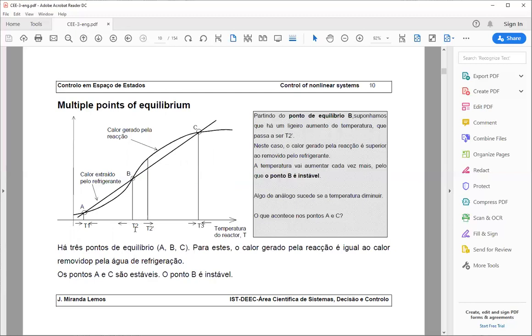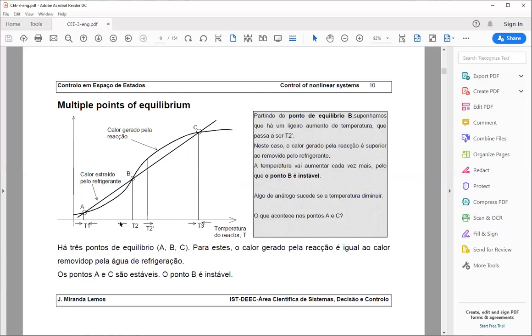And suppose that for some reason the temperature increases to T2 prime. At temperature T2 prime, what happens? You are generating this heat due to the reaction, but you are only removing a smaller amount of heat with the water cooling. So there is accumulation of heat, and the temperature will tend to increase and go away from the equilibrium point.